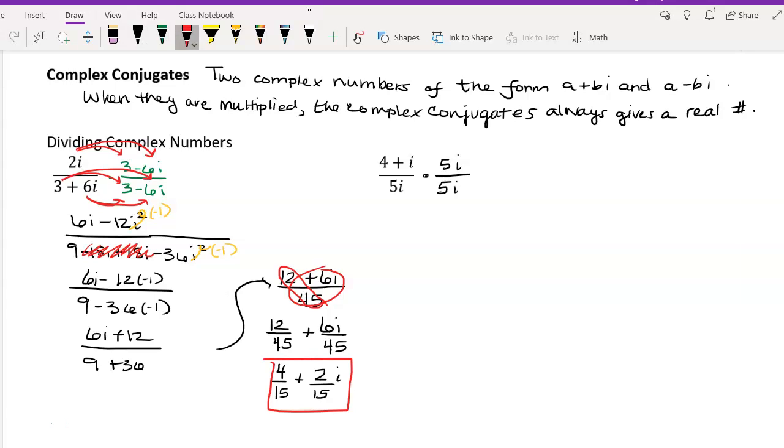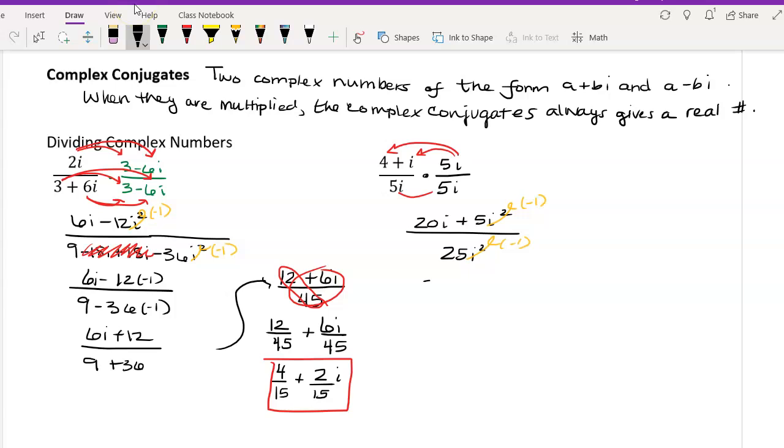So we have 5i times 4 and 5i times i squared, so we get 20i plus 5i squared over 5i times 5i, which is 25i squared. Just like before, anytime I see that i squared, I'm going to put a negative 1. That's going to help me out.